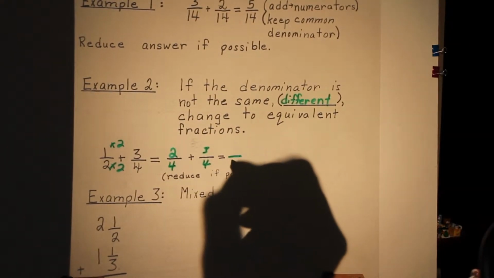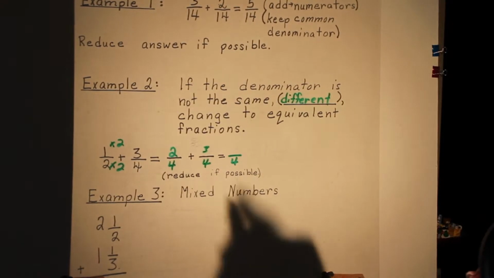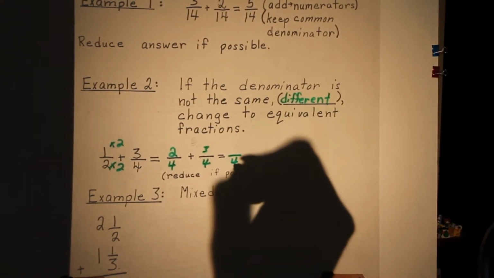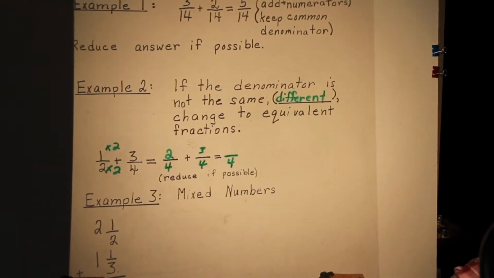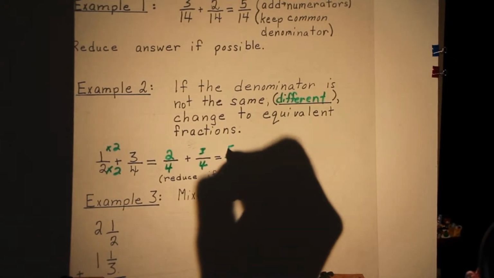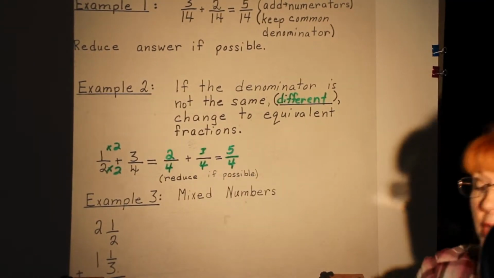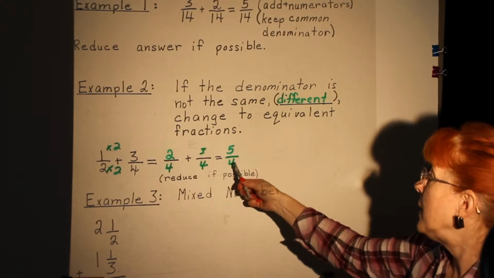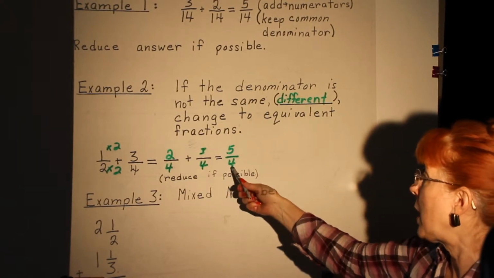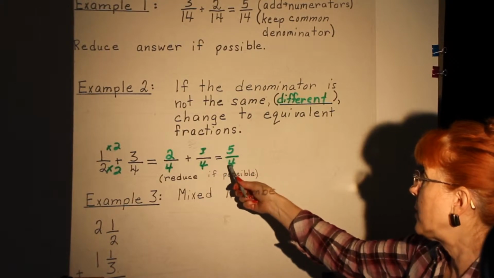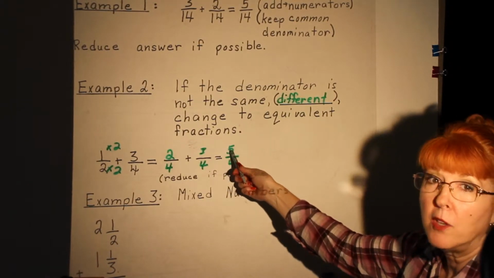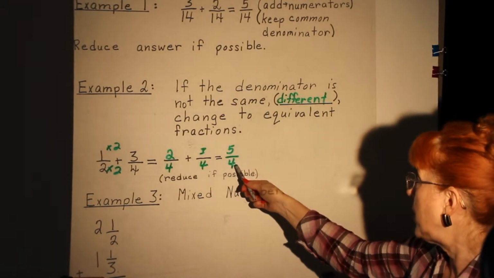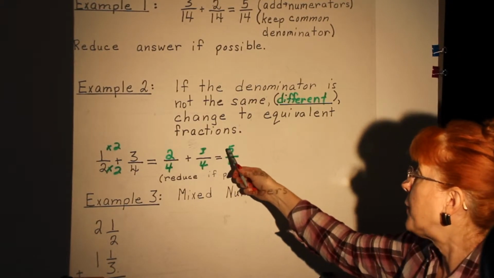Now we can actually add. Our common denominator is 4, so it stays. 2 plus 3 is 5. And you reduce if possible. In this case, we have an improper fraction. 4 is the denominator and it's smaller than the numerator. So we need to take the 4, divide it into the 5.